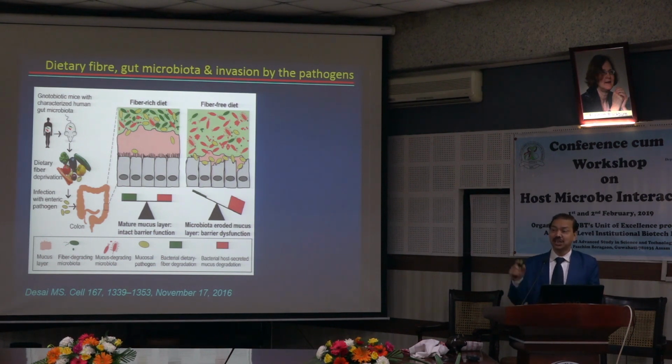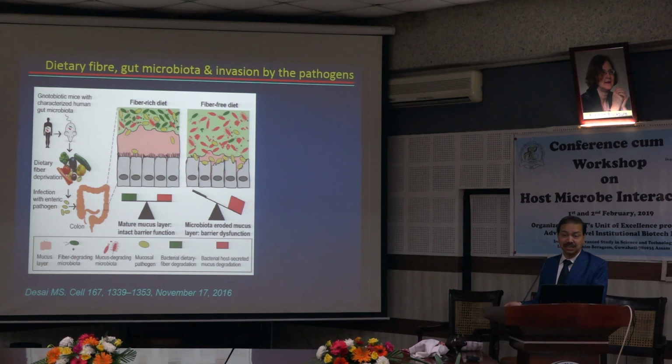Some of them will say mucus has carbohydrate, so they will actually start eating the mucus. They will degrade the mucus. The mucus is the first line of defense in our gut. So this experiment proved that giving dietary fiber led to more saccharolytic microbiota, giving protein led to more proteolytic microbiota, and giving protein led to degradation of mucus layer.